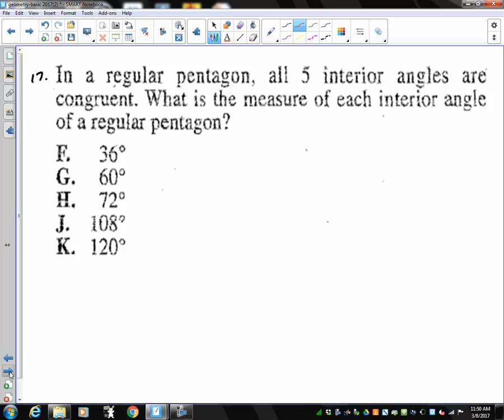Okay, now this one's very similar. It says in a regular pentagon, all 5 interior angles are congruent. What is the measure of each of the interior angles of a regular pentagon? This is actually the example that we did the other day. If I have a pentagon, first we want to find the sum of the angles.